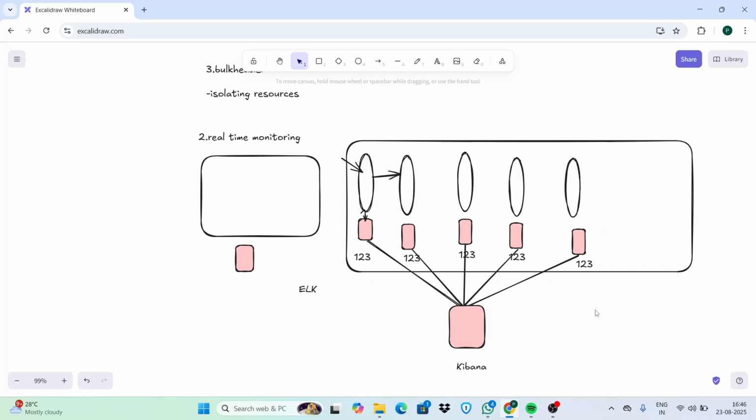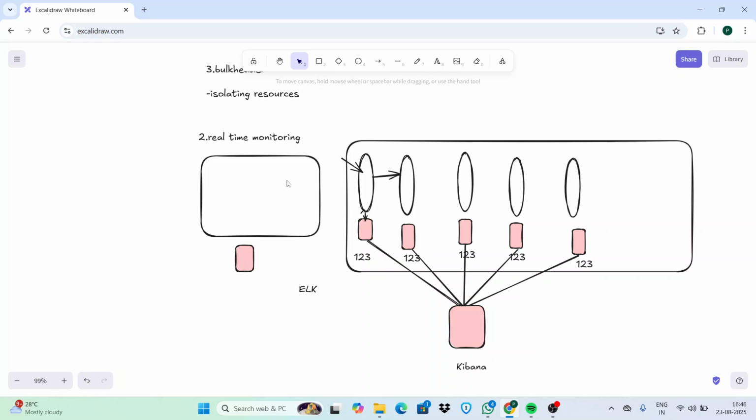So this is nothing but the real-time monitoring concept and distributed logging concept.